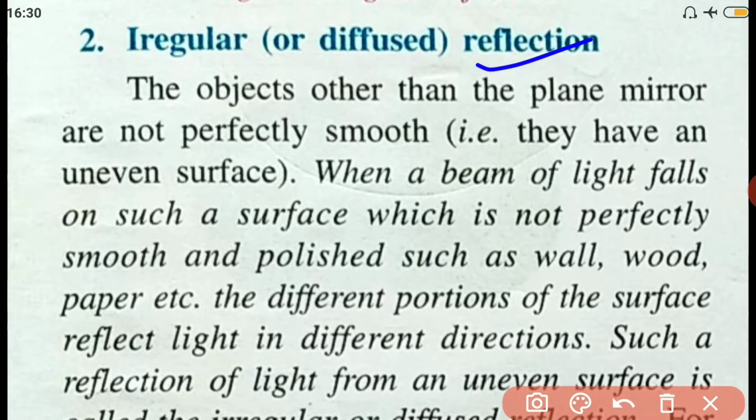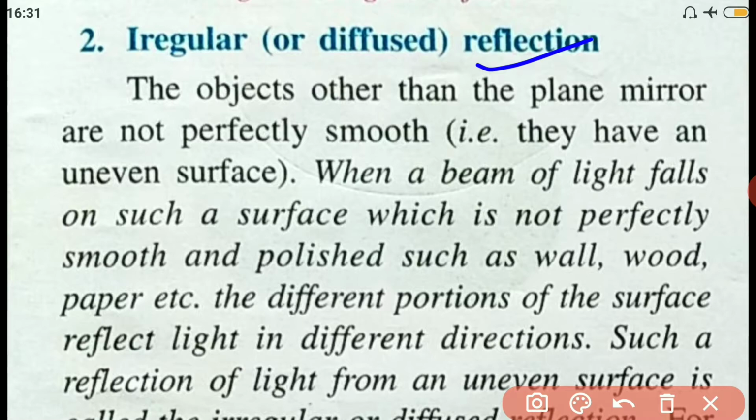Now going to the next topic, irregular or diffuse reflection. The objects other than a plane mirror are not perfectly smooth, that is, they have uneven surfaces. When a beam of light falls on such a surface which is not perfectly smooth and polished, such as wall, wood, paper, cloths, cotton, anything other than a plane mirror or highly polished or highly painted surface, all objects are rough, right?